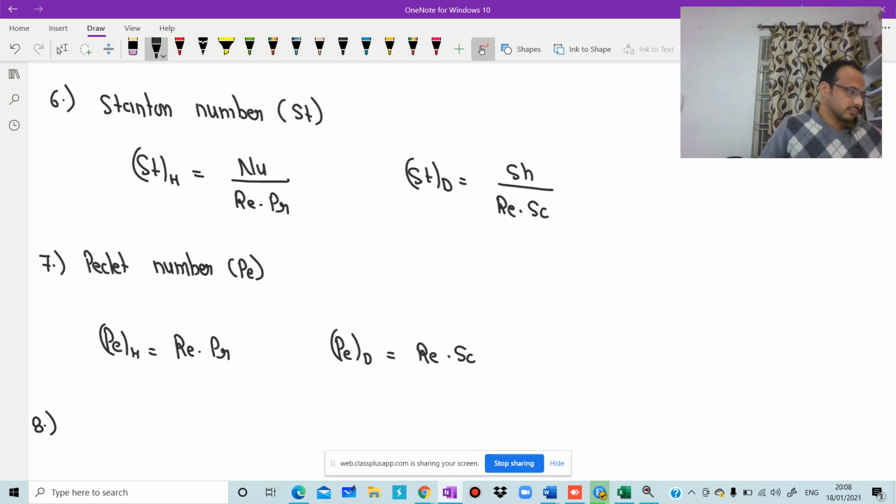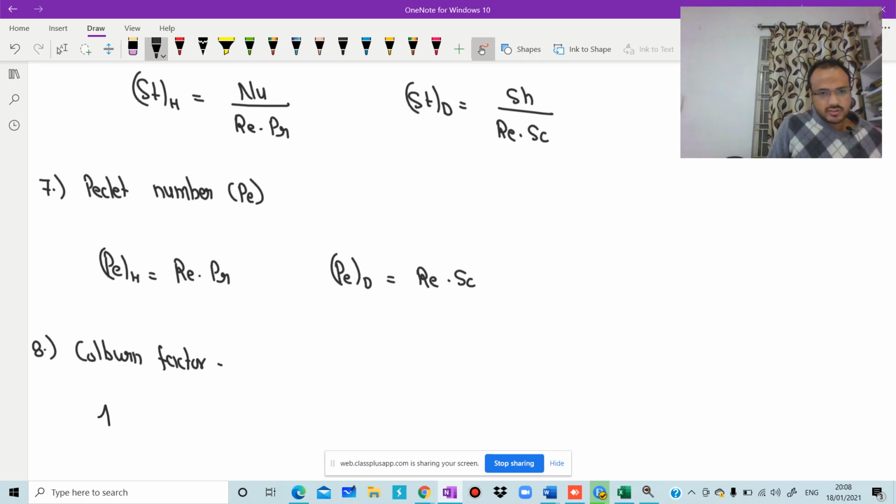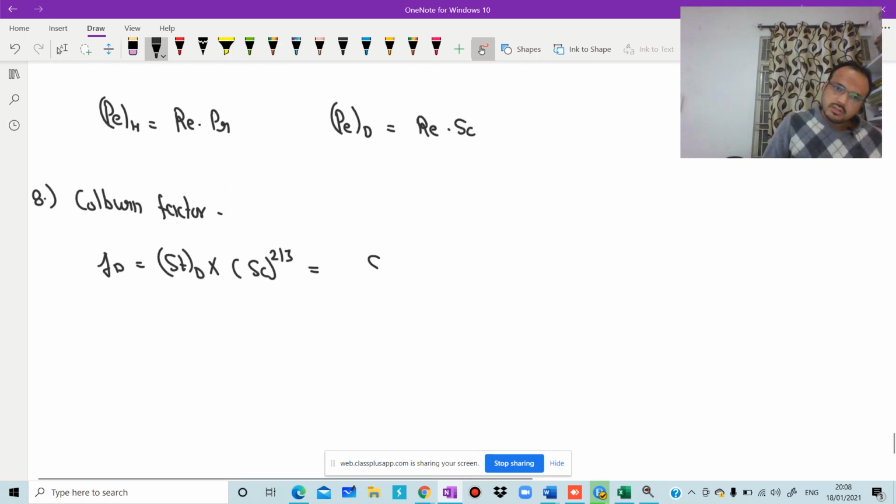Eighth number is Colburn factor. Colburn factor for mass transfer is JD, Stanton number for mass transfer into Schmidt to the power 2 by 3. Or we can write it like this also, Sherwood by Reynolds into Schmidt to the power 1 by 3.